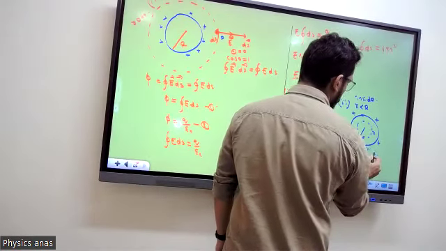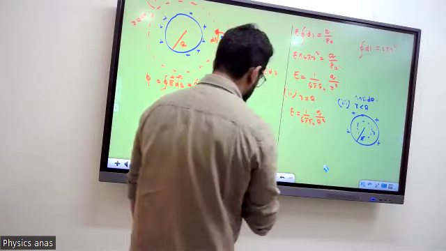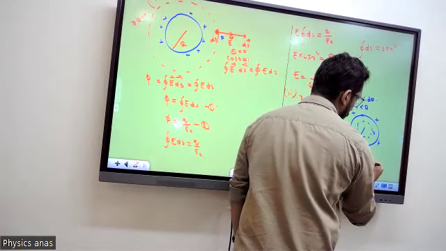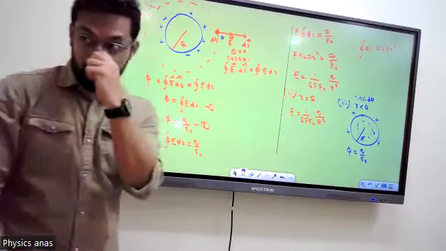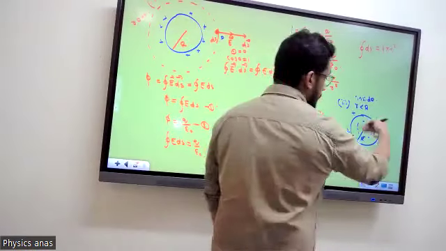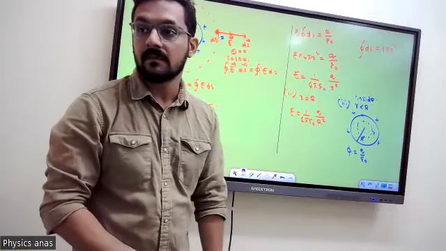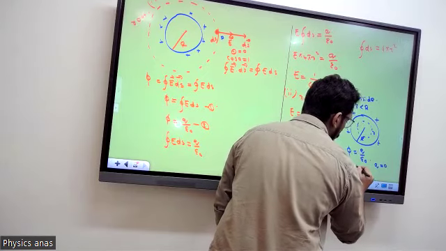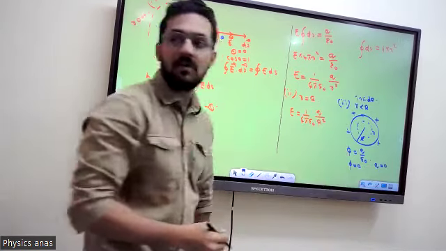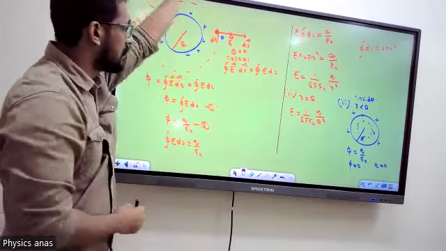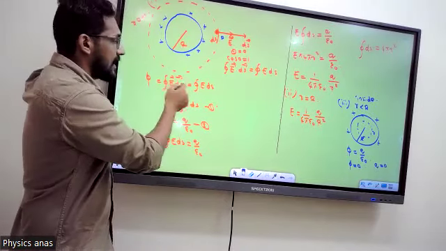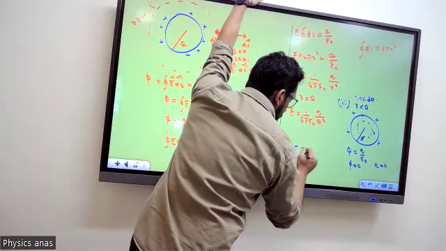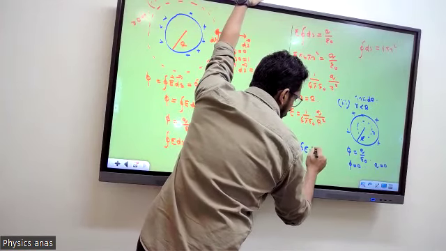What is the equation? Just use Gauss law only. Phi is q by epsilon naught, right? What is the charge inside a sphere? 0. So phi is 0. Phi is integral E ds.